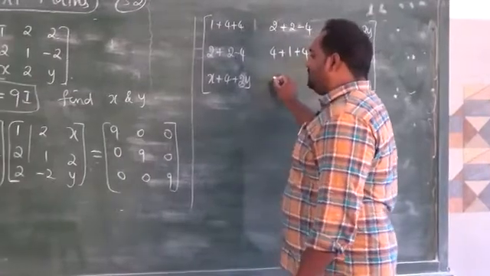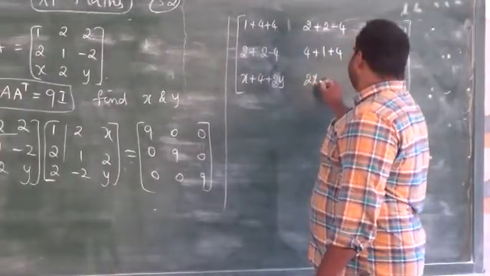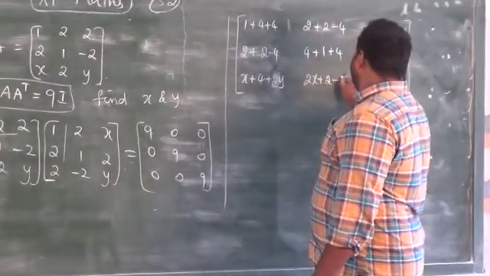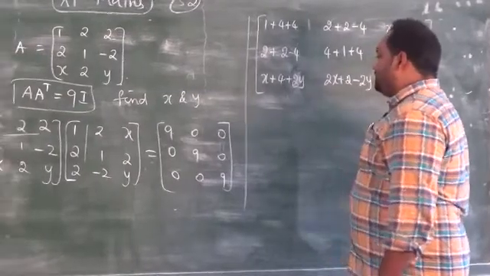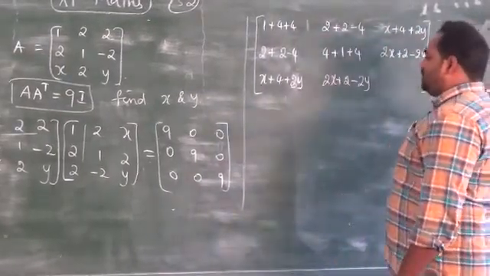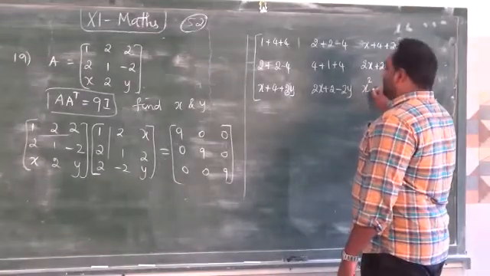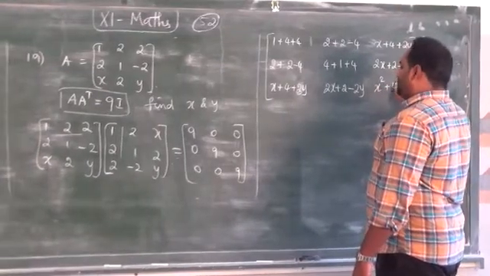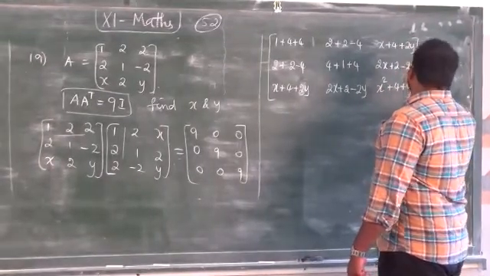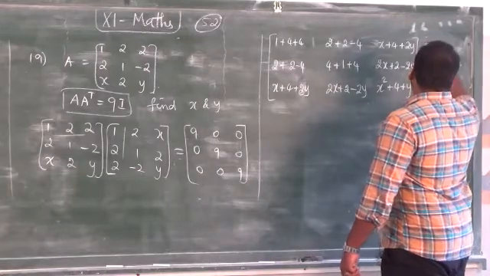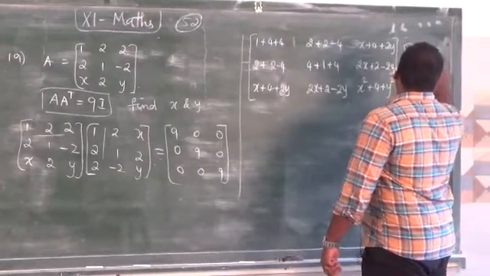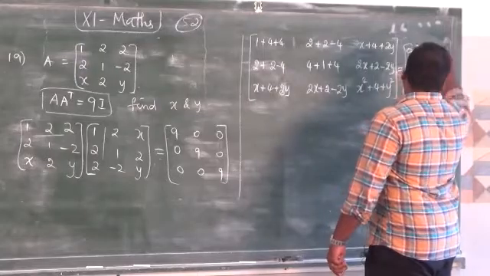Third row, second column: 2x plus 2 minus 2y. Third row, third column: x square plus 4 plus y square. This equals 9 0 0, 0 9 0, 0 0 9.